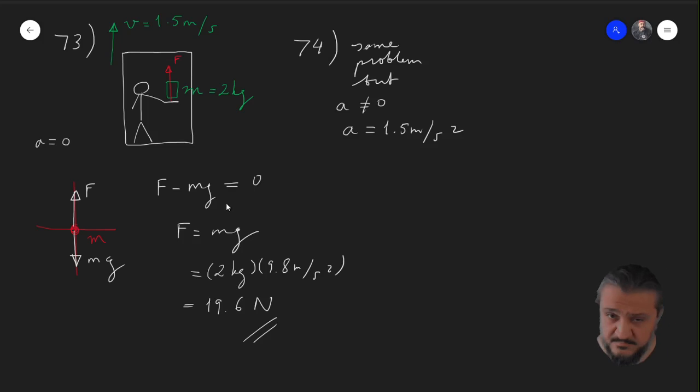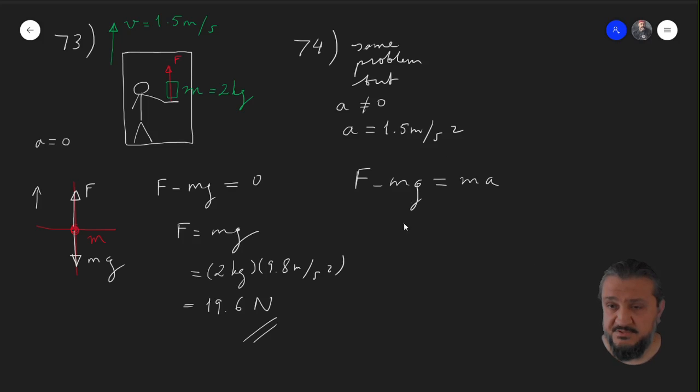So the net force is expressed the same way because the free body diagram is the same, but now we have acceleration. So F minus mg is the net force, but now it's not equal to 0, it's equal to m times a.